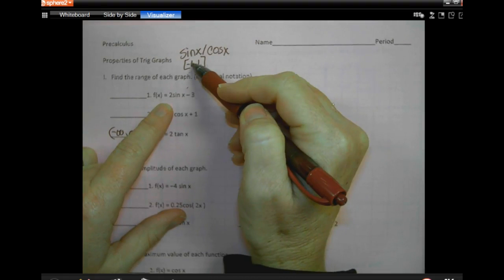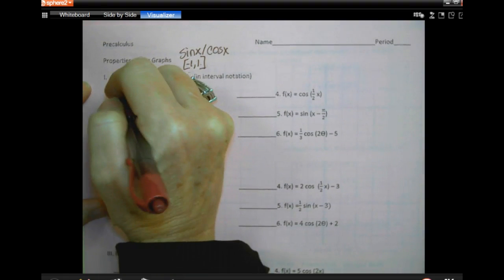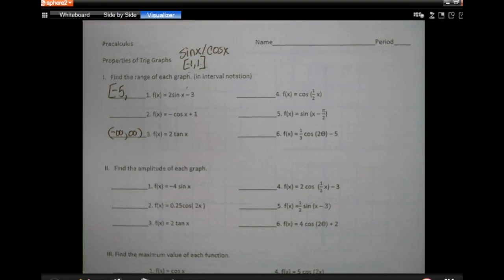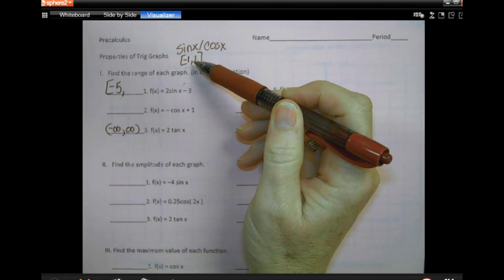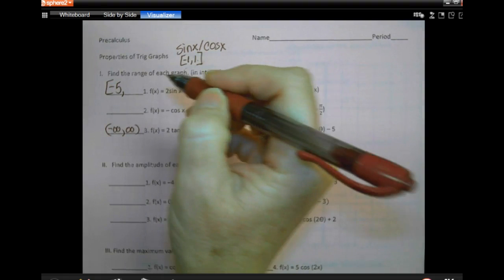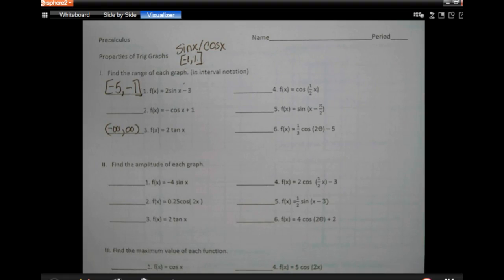So 2 times -1 is -2, minus 3 is -5. And then the 1, 1 times 2 is 2 minus 3 is -1. So my new range is -5 to -1.